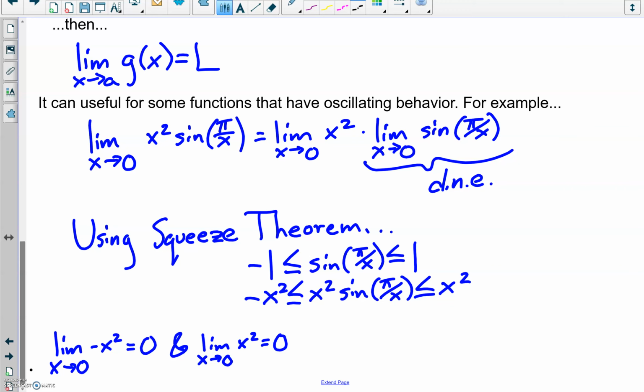The squeeze theorem is going to give us the final limit of the middle as also being 0. So the limit as x goes to 0 of x squared times the sine of pi over x will equal 0. And that's where the squeeze theorem is really helpful, forcing that middle part to be equal to what the left and the right equaled.